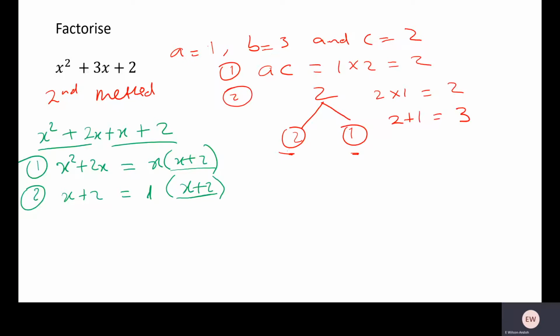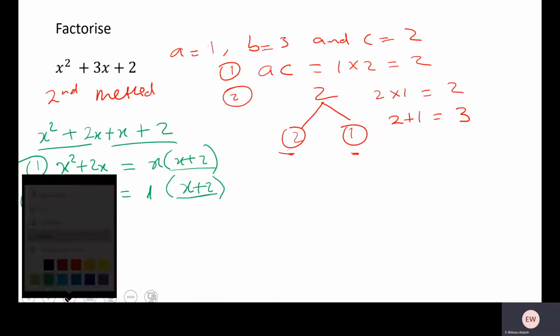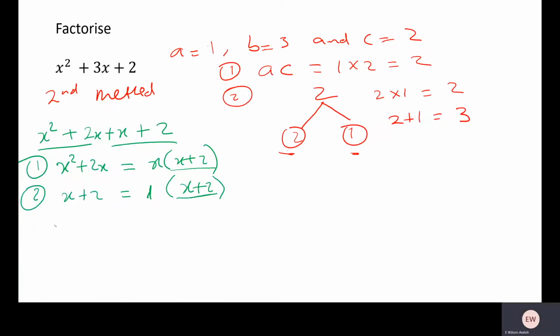So now that we factorize, instead of x squared plus 2x, we write x bracket x plus 2, and then plus, instead of x plus 2, we write 1 bracket x plus 2.